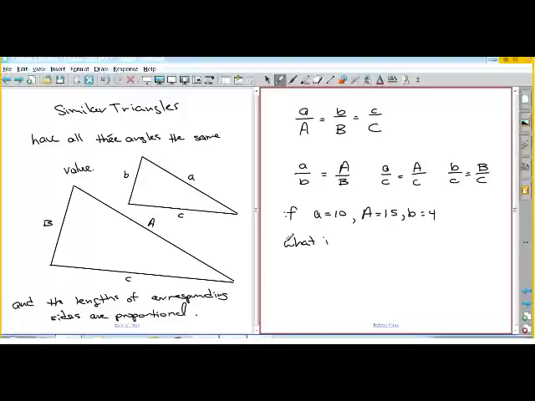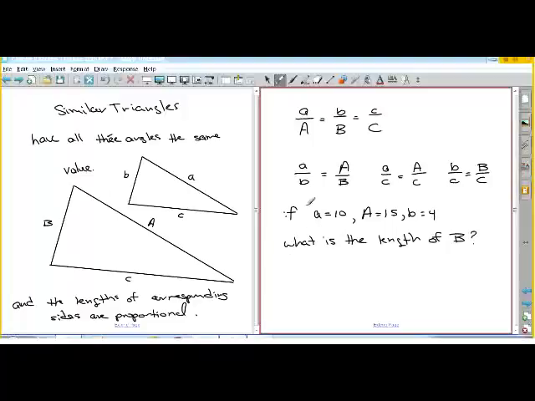What is the length of side B? Question mark. So that's the side that corresponds to this side. So you can use either one. So let's use both of them and show you get the same answer.